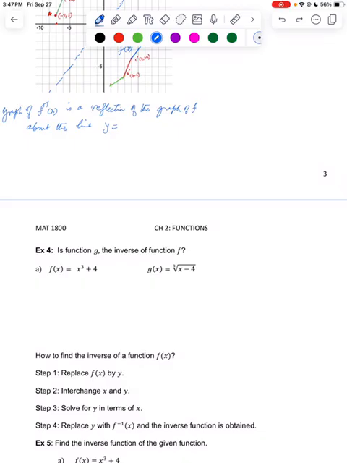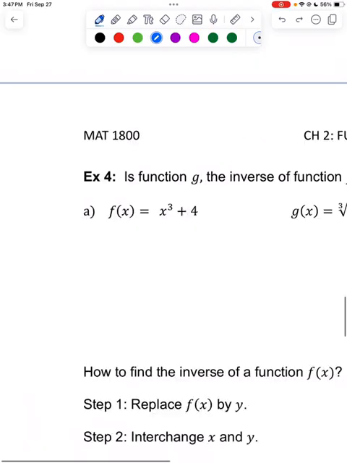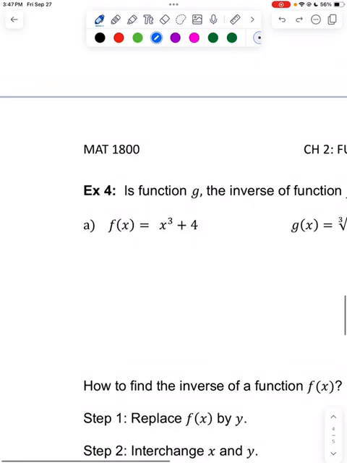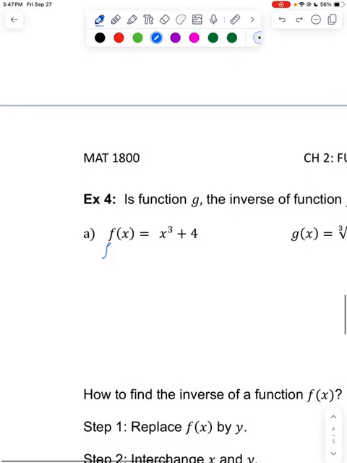So we have f of x and g of x. The first thing I do is find f of g of x, or f composite g of x. I'm going to plug g into the function f, where I have x cubed.